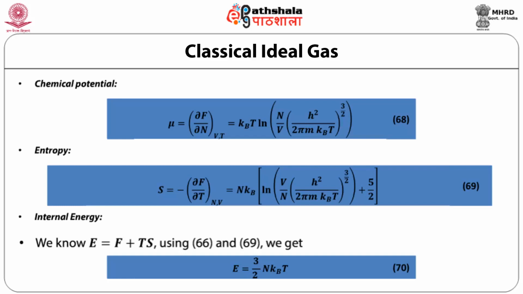Entropy S is equal to negative of partial derivative of F with respect to temperature at constant n and V, equal to n k_B log of V upon n, h square upon 2 pi m k_BT raised to power 3 by 2, plus 5 upon 2. Internal energy can then be written as, because we know E is equal to F plus TS, using 66 and 69, E is equal to 3 by 2 n k_BT.